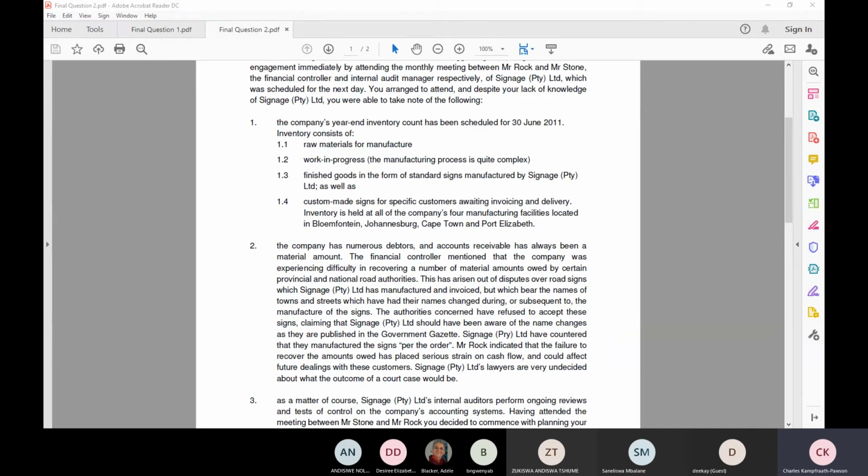Insurance companies must adhere to the Short-Term Insurance Act or the Insurance Act as such. There's lots of regulations, the Reserve Bank regulations and all of those, and they affect the audit. I need to understand them and their effect on the client.